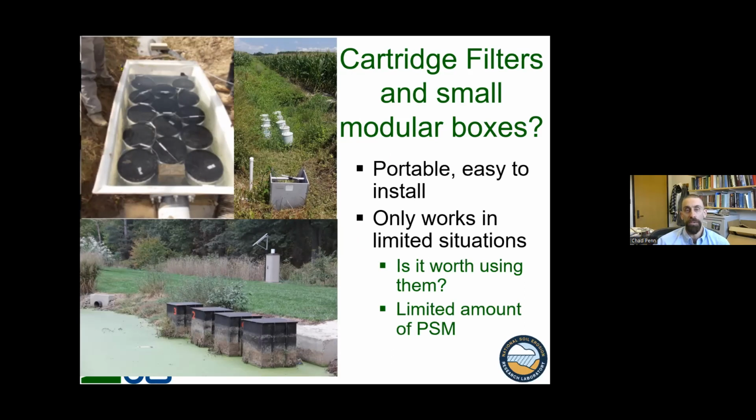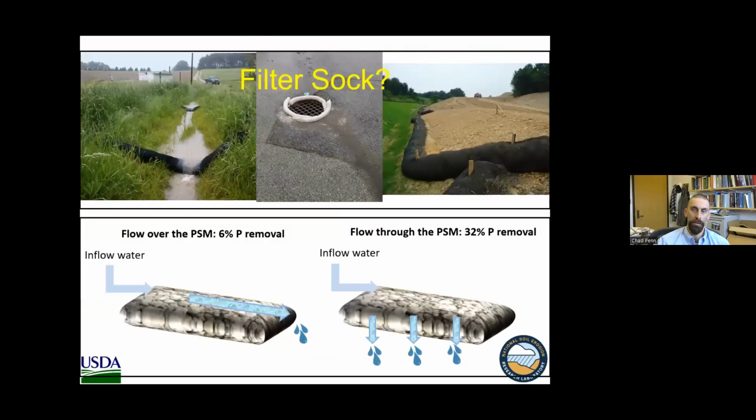They can't handle much of a load. The reason they're so limited is because they have such a small amount of PSM. So they have poor flow rates, and they can't handle much of the total mass of dissolved phosphorus coming off of the field.